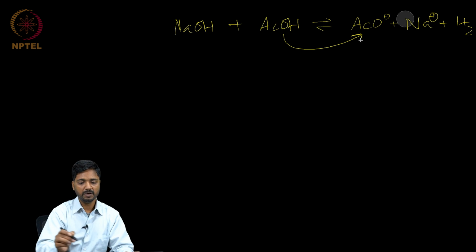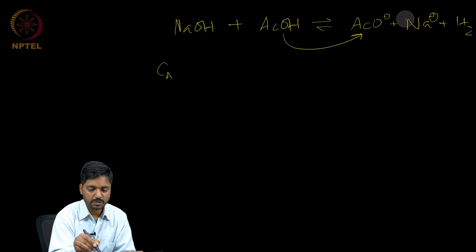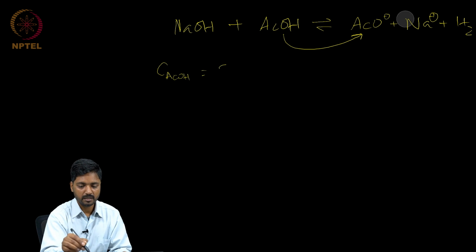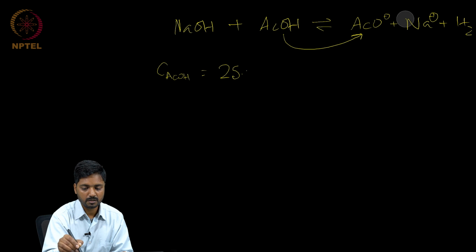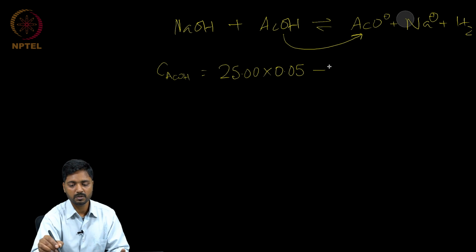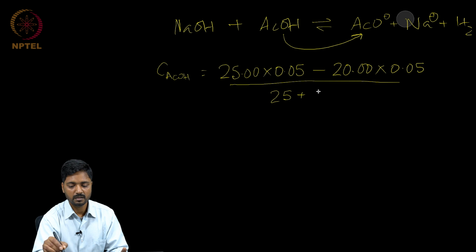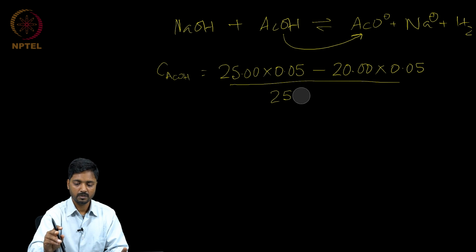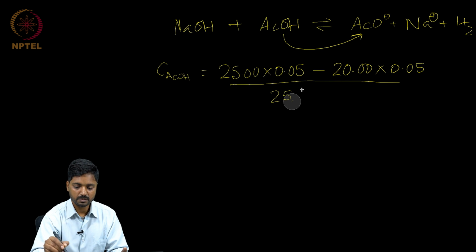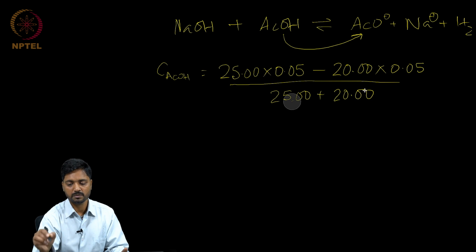So, let us calculate now the concentration of acetic acid in the medium, which will be the original amount minus the added sodium hydroxide divided by the total volume of the medium now, which is 25.00 plus 20.00.